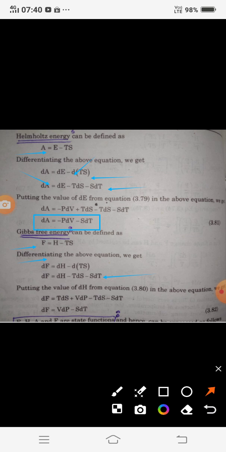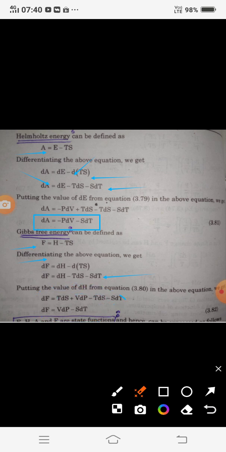Now we do not have dE to put in the equation, but we have the dH value, so we put the dH value rather than dE. What was the dH value? It was TdS plus VdP. By putting this value, the equation appears in this form. Two factors cancel out: one is TdS, the other is minus TdS. So the remaining equation is dF equal to VdP minus SdT.